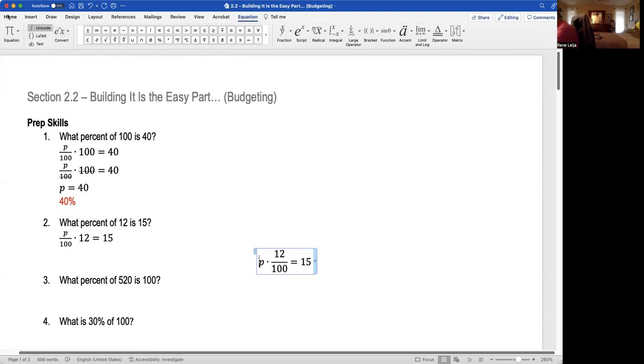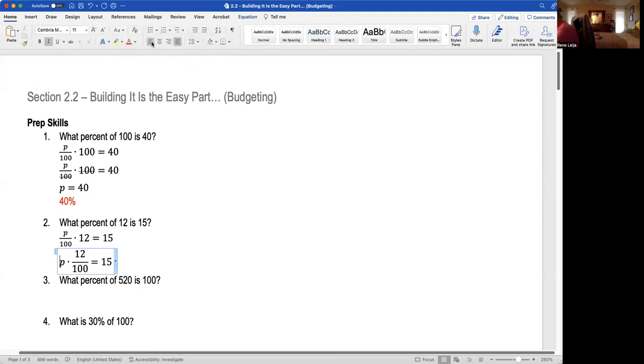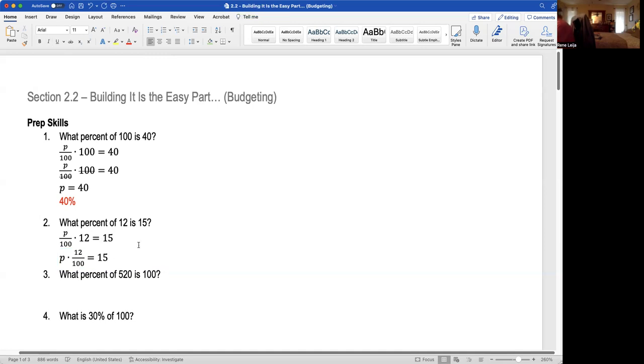Okay, now when I do this, well, 12 over 100, anytime you have a fraction over 100, notice you have two zeros, which means you need two decimal places. So 12 over 100 is going to be the same thing as 0.12, because two decimal places, tenths, hundredths, okay?